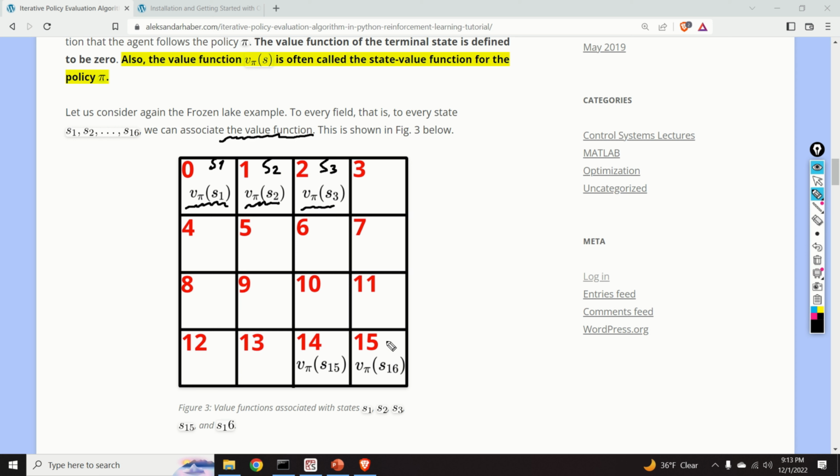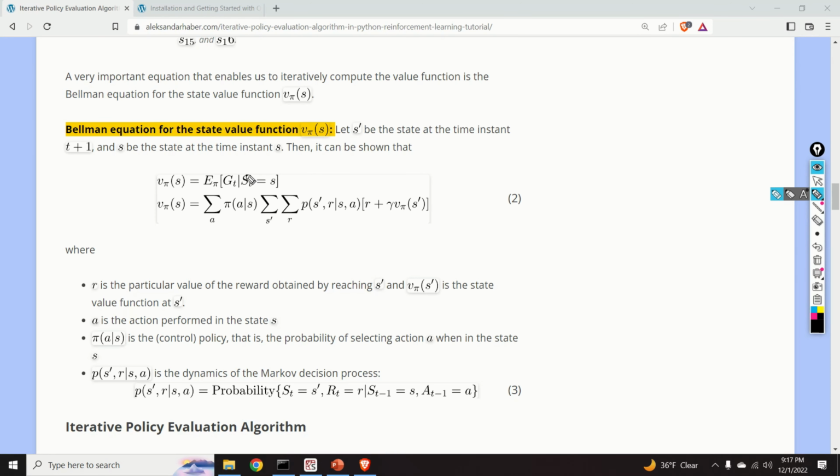Similarly, here is the value function of the state S16, and the state S16 is the goal state. A very important equation that enables us to iteratively compute the value function is the Bellman equation. The Bellman equation is given by the equation number 2.